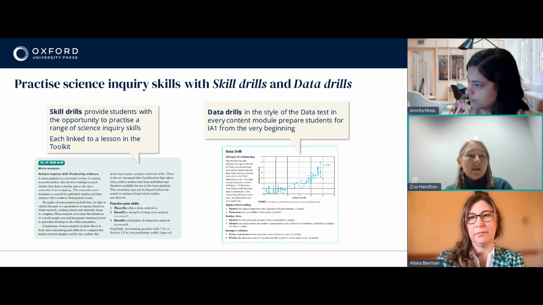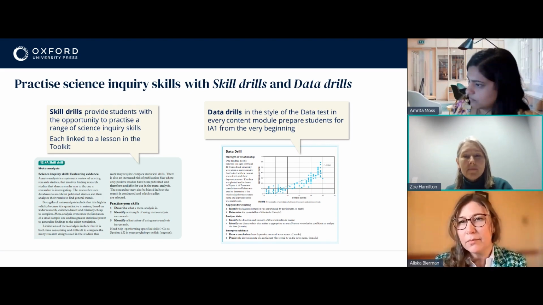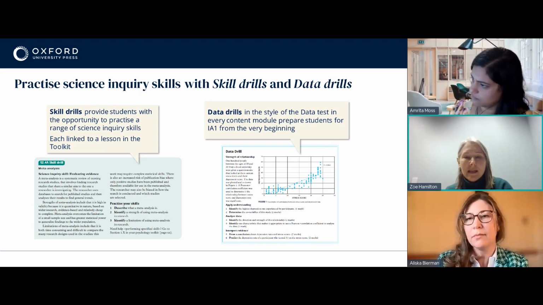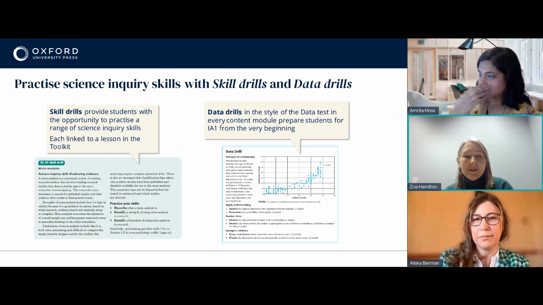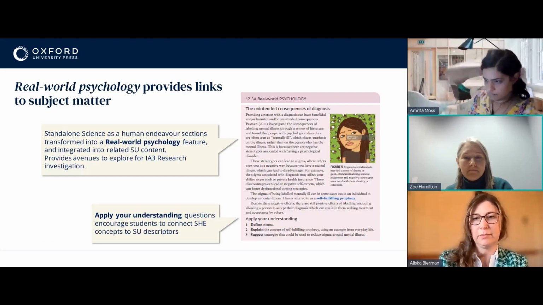So students can go back to those lessons in the toolkit if they're having a problem with any of those skills. We also have data drills, and they're provided at the end of every module, and they're written in the style of the data test. So your students will be well prepared by the time they get to the end of Unit 4 or Unit 3, so they can do their data test.